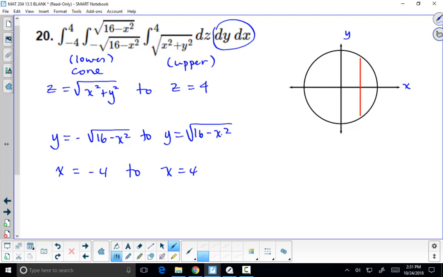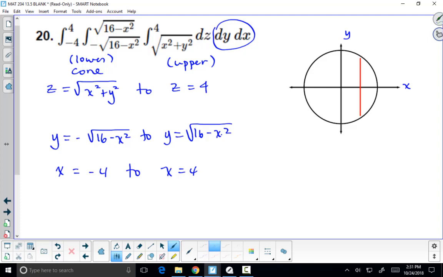But what happens with this one? When z is equal to 4, what do we get? When we look at where the cone intersects the plane, we get a circle of radius 4.